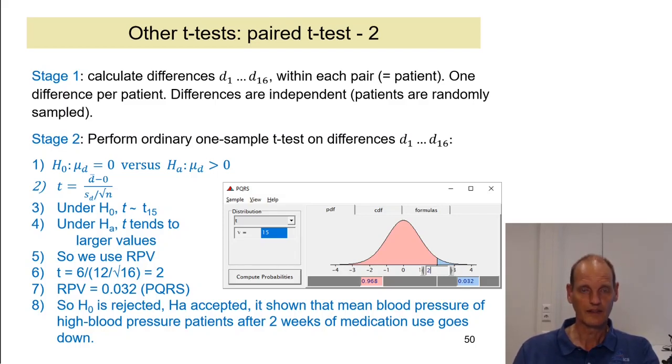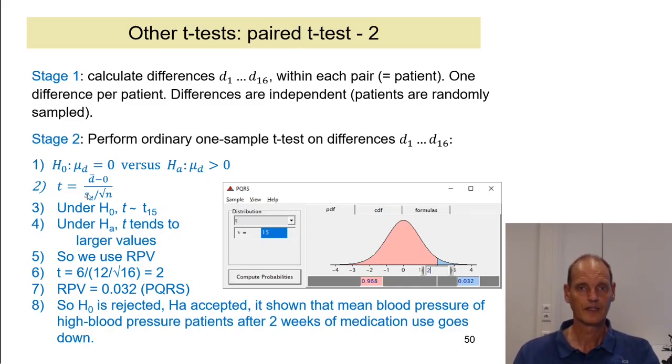We collected 16 observations on the differences of before and after treatment. Our null hypothesis is mu d is 0 versus mu d positive. We expect that after treatment the blood pressure will go down. At least that's what we would like to test. And so we have as an alternative hypothesis mu d positive.